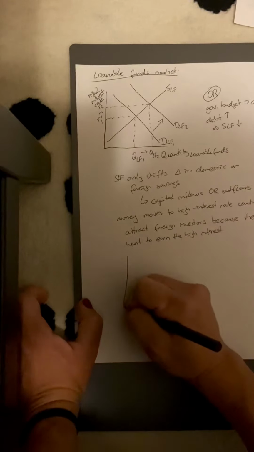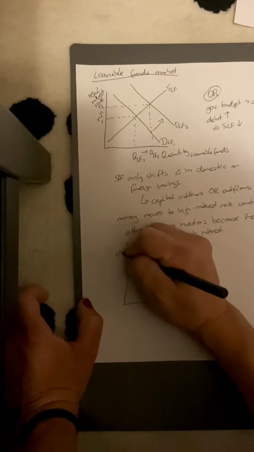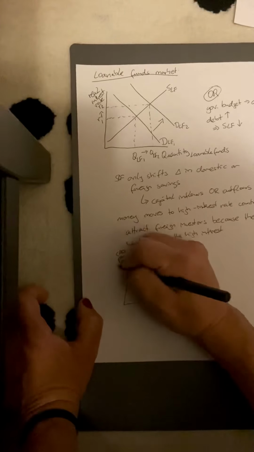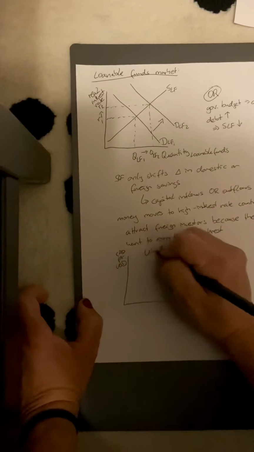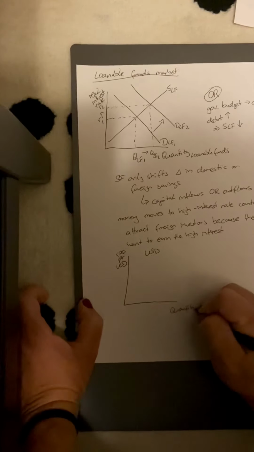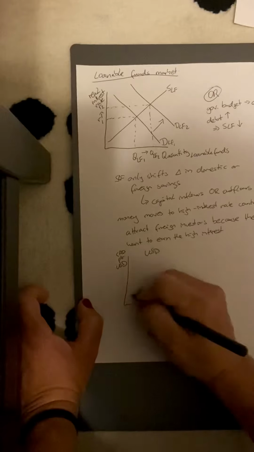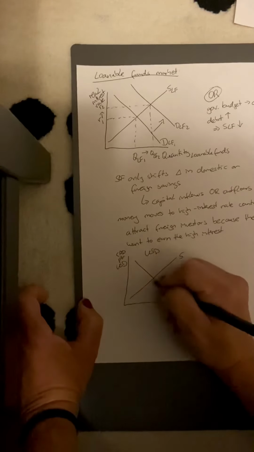So let's draw this. Let's say we're talking about Canadians. So that would be CAD per USD. So here we would put USD quantity, USD, again, basic supply and demand because the currency is just like any other product.